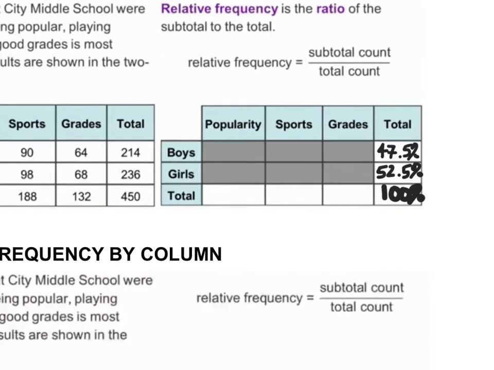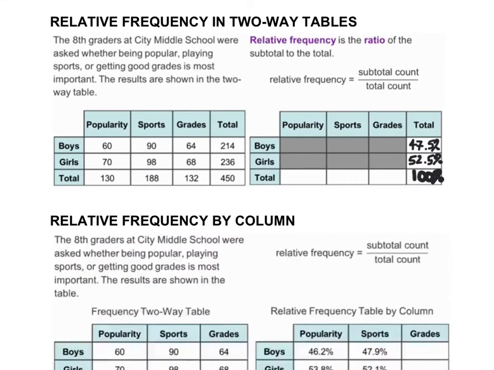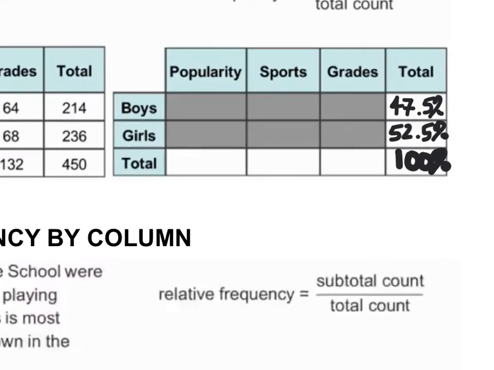Now what we also want to find out is the relative frequency of popularity, sports, and grades as percentages, okay? So we're going to take 130 divided by 450, and that gives me 28.8, which we'll round to 28.9%.